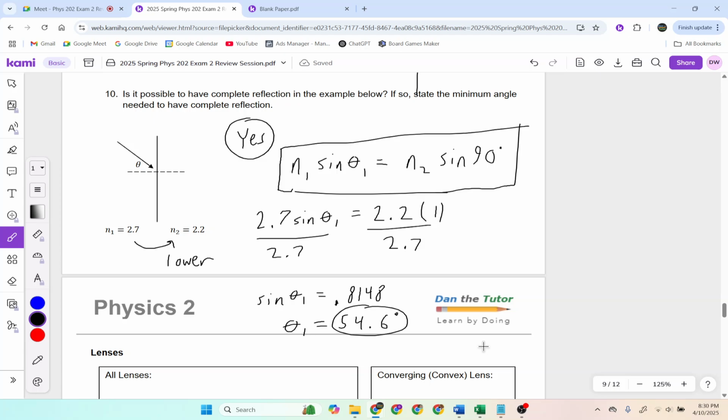So any farther than 54.6, and we are going to have complete reflection. This idea is not exactly the same reason, but it's similar to why sometimes when you look in the water, like a pond, you can see your reflection.